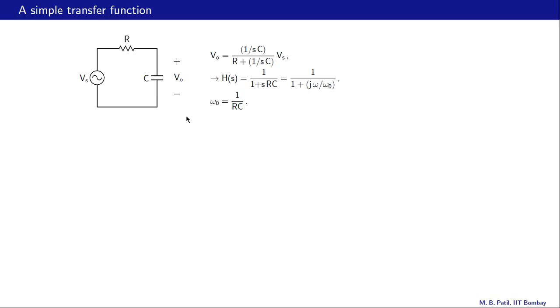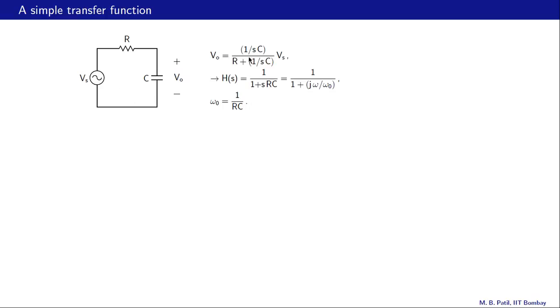Let us start with this simple transfer function of a series RC circuit. The capacitance presents an impedance which is 1 over j omega C, and in terms of the Laplace variable it is 1 over sC. So Vo in this case is this impedance divided by the sum of these two by voltage division times Vs, and of course we are talking about sinusoidal steady state.